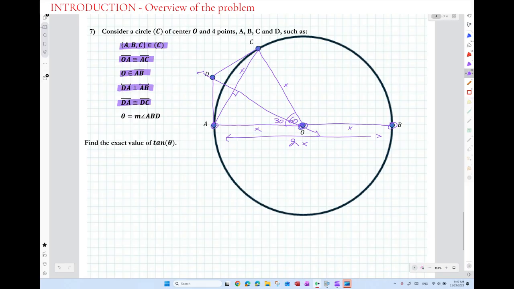And finally, DA and AB are perpendicular. And because I want to find theta, which is angle ABD, this is theta, I'm going to focus on this right triangle here. So let's do that.